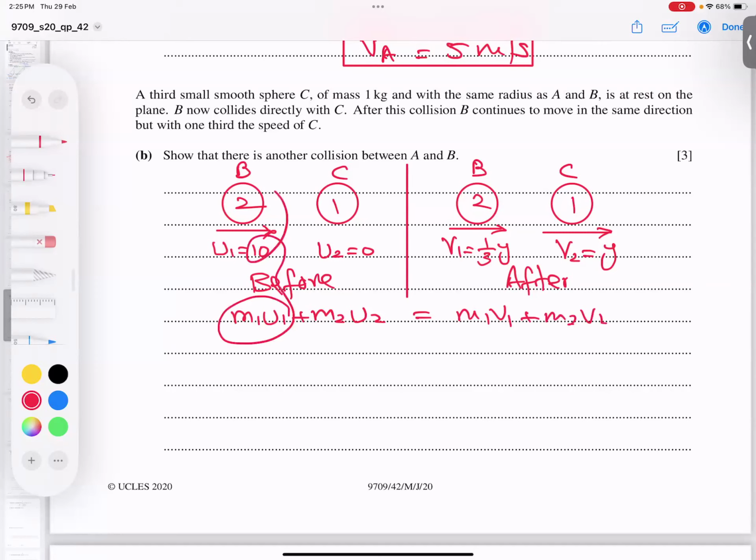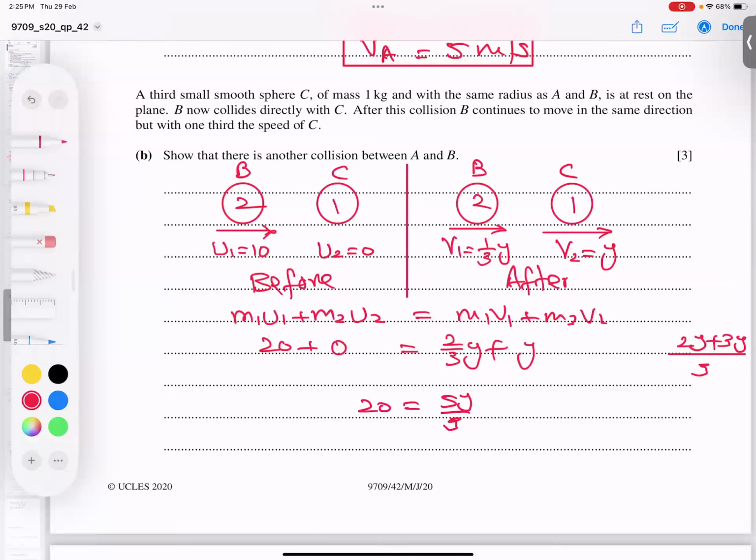So 10 into 2, I get 20, 0 into 1, I get 0, and 1/3 of Y into 2 is 2Y over 3, and Y into 1 gives Y. Take the LCM, 3, and copy 2Y. 3 multiplied by Y gives 3Y. Ultimately, I get 5Y over 3 equals 20. So 5 goes down, I get 4, and 3 multiplied by 4 is 12.